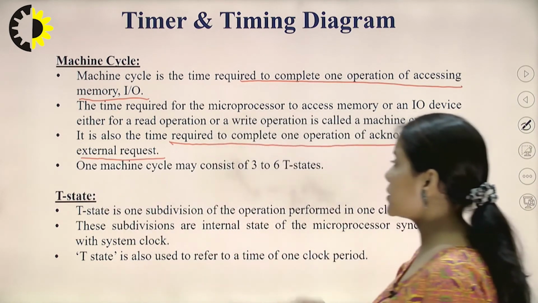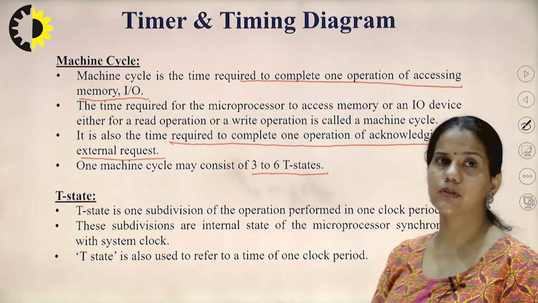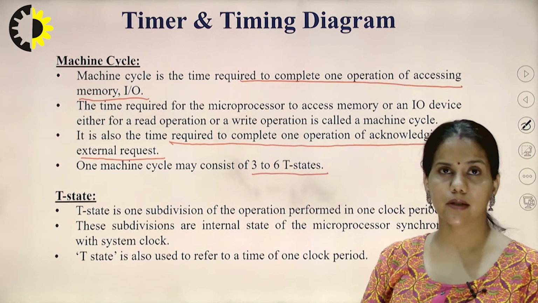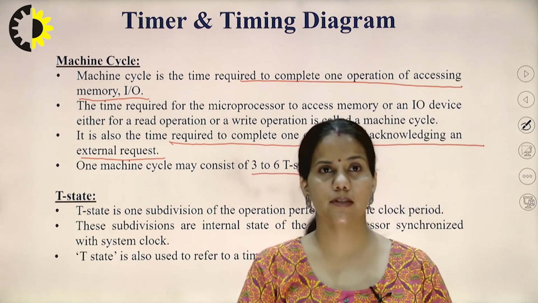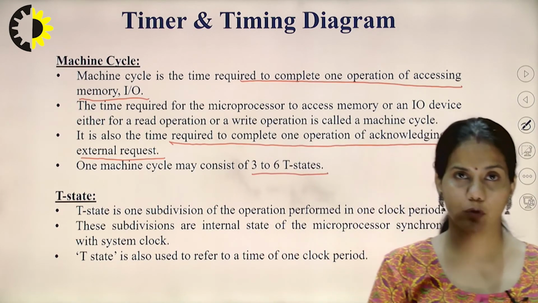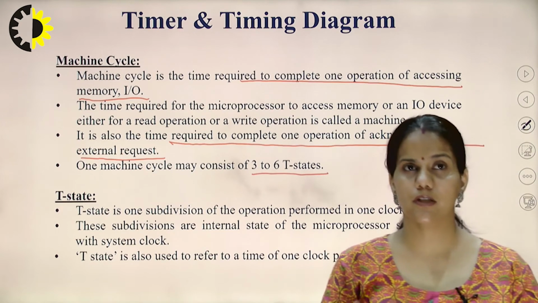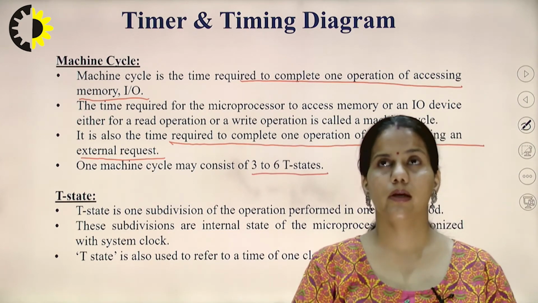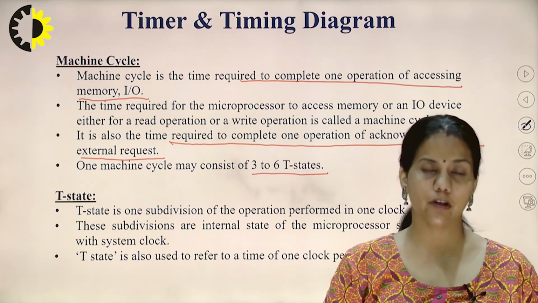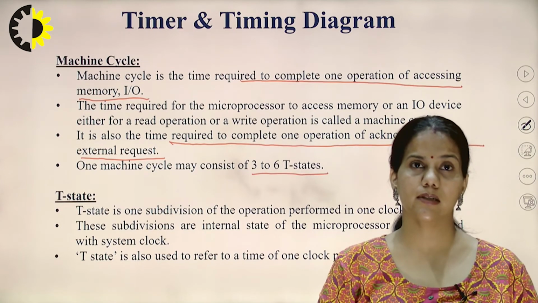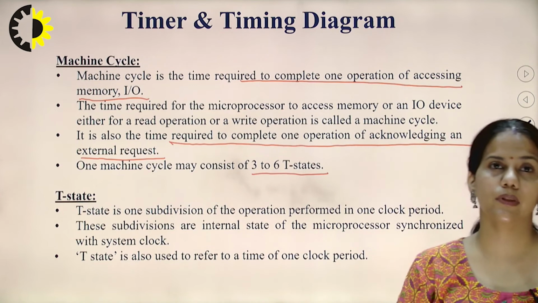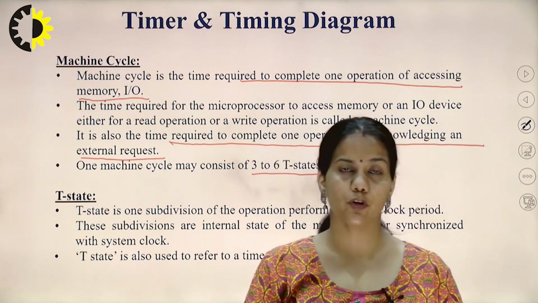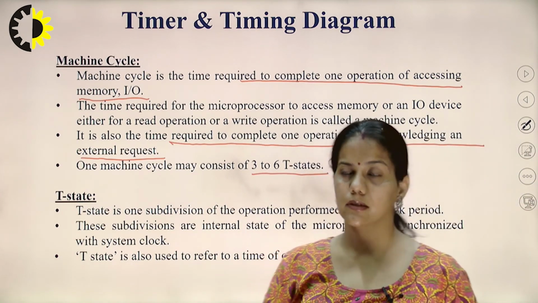One machine cycle may consist of 3 to 6 T states, depending on which machine cycle we are considering. The opcode fetch machine cycle varies from 4, or it can be 6 T states also. Similarly, the memory read or memory write machine cycles consist of 3 T states. Similar is the case with the input output read or write machine cycles.